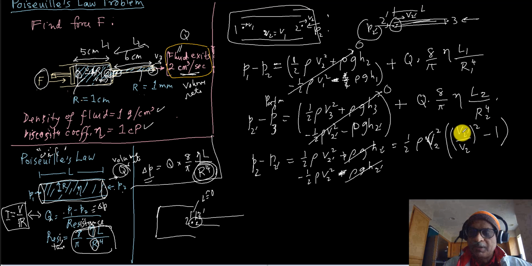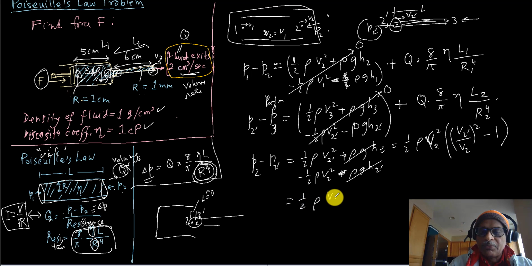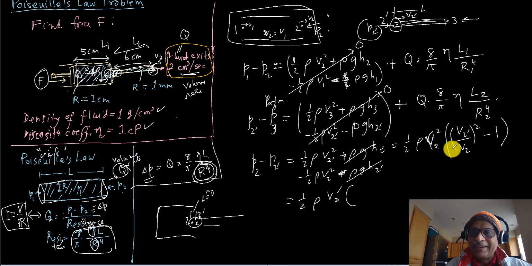Now V2 prime is half rho V2 prime, and then this ratio is just A2 over A1.